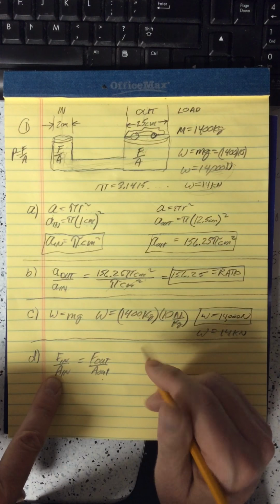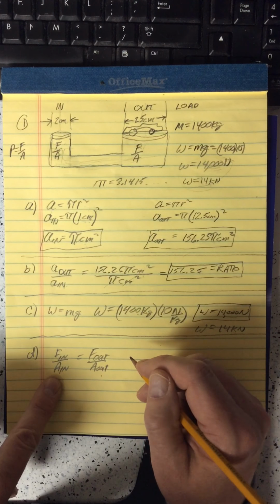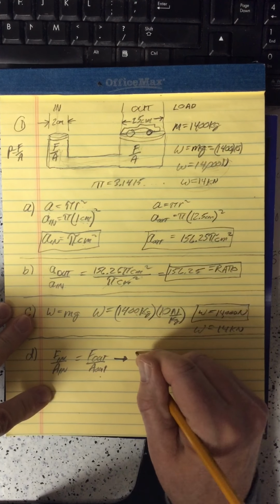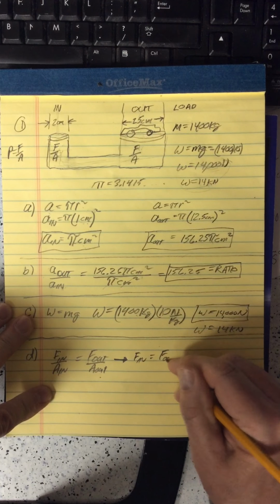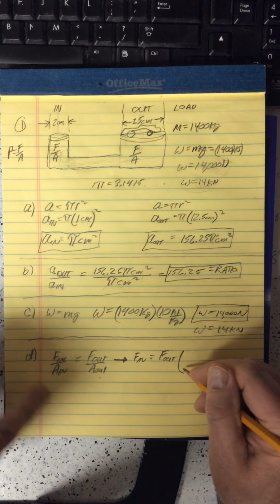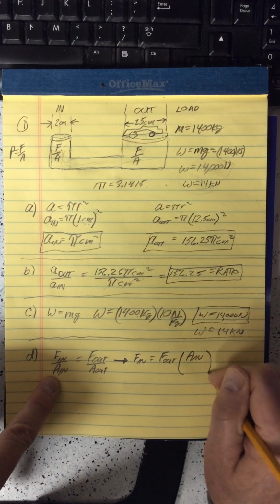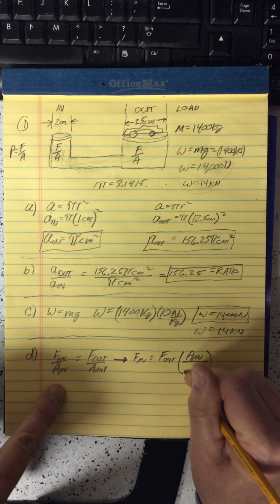We want to know what F in is, so plug in. It's one equation, one unknown. We could do a little algebra and say F in is equal to F out times area in, multiplying both sides by area in, over area out.